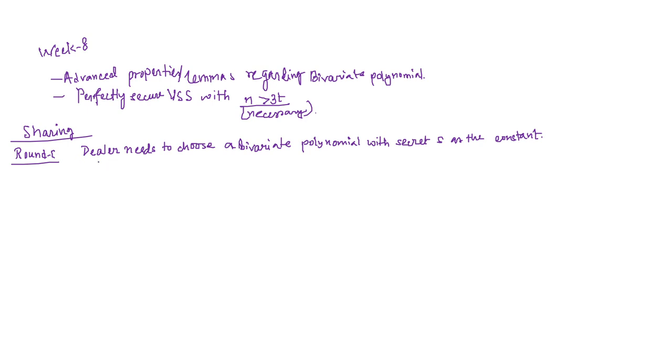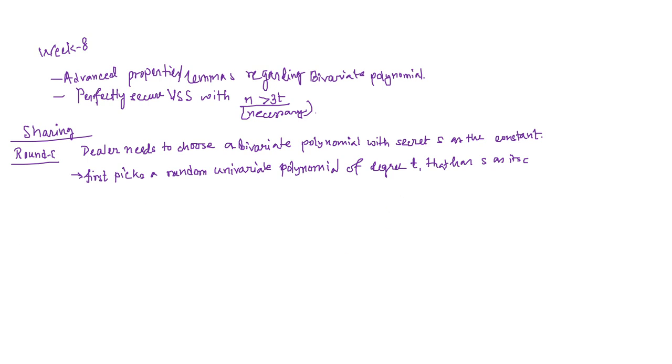Instead of directly choosing a bivariate polynomial, it first picks a random univariate polynomial f(x) of degree t that has S as its constant.